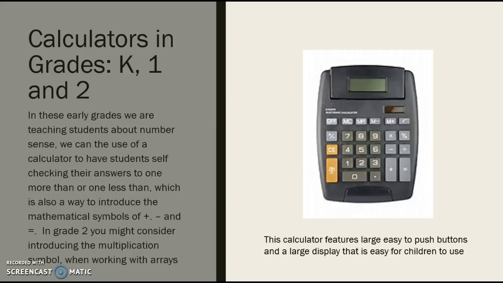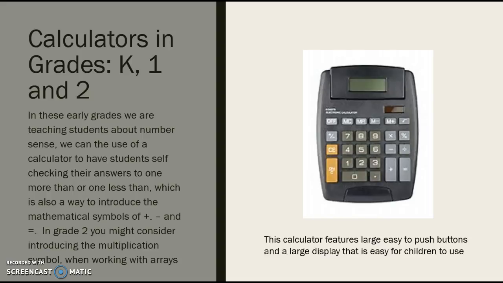In kindergarten, first and second grade, this is a good time to simply introduce the calculator as we're working on number sense with the children. In the calculator that's pictured here, there are large numbers and buttons so that it's easy for the children to see and to press the buttons.